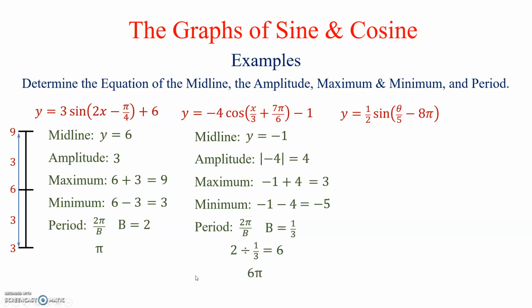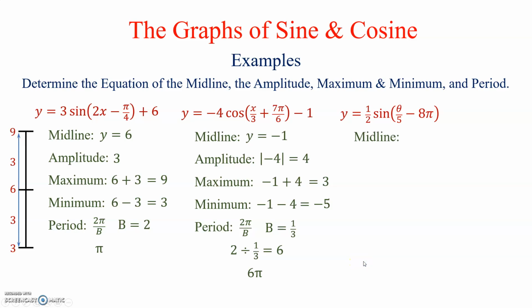And the last one, y equals 1/2 sine (theta over 5 minus 8 pi). First thing you might notice is that this one doesn't have x, it has theta. These are interchangeable, so theta is still the value of our angle. Some might have theta, some might have x, but they both represent the unknown.